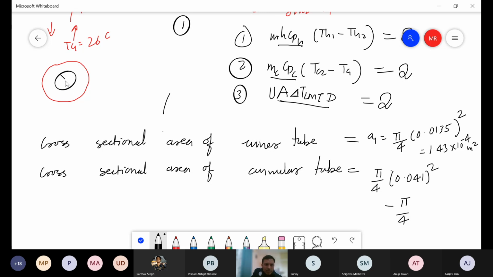This is given as 13.5, but the thickness between these two is 2.75 mm. And this diameter is given as 41 mm, isn't it? So what will be this area?